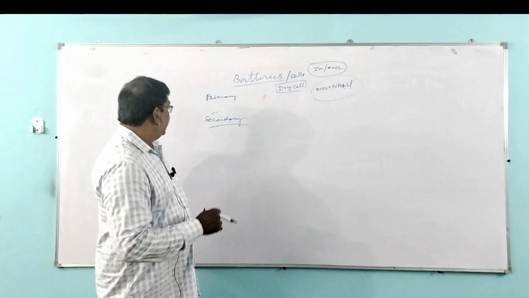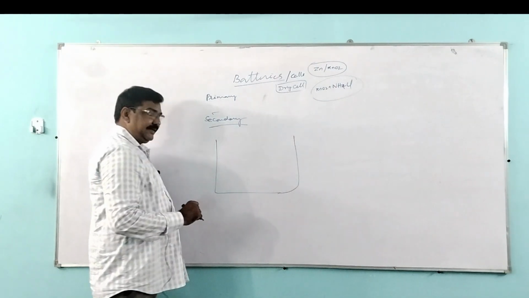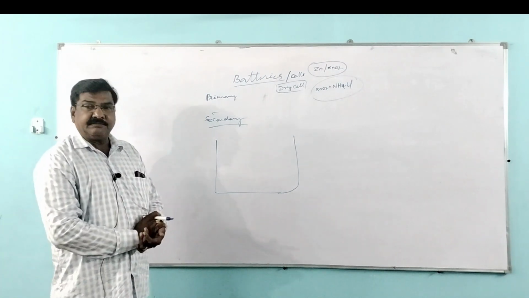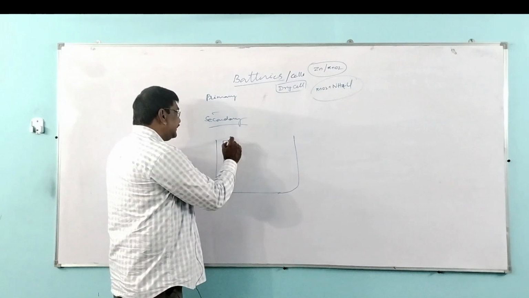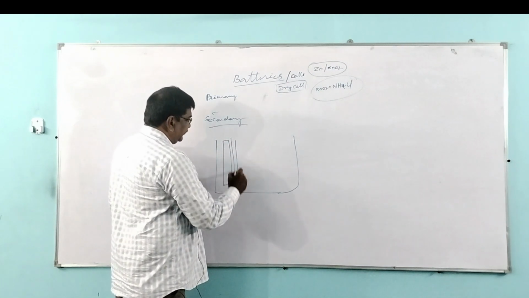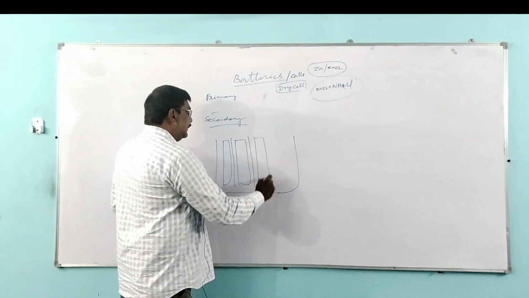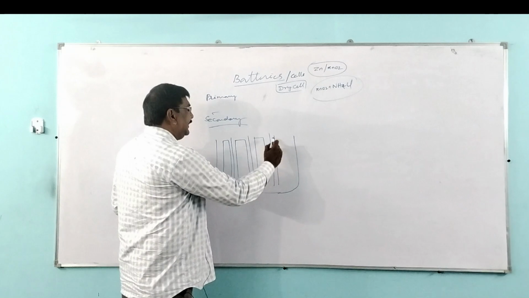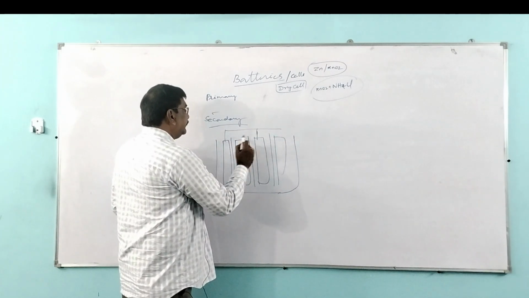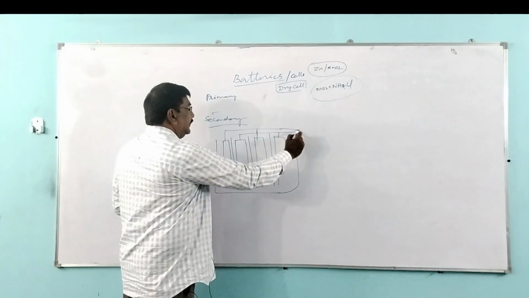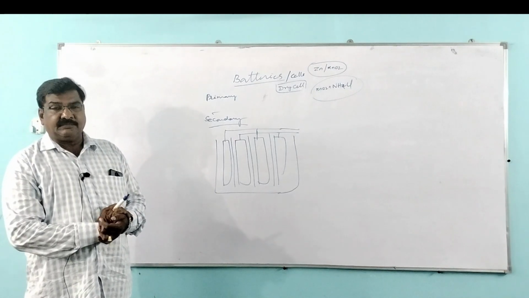The lead accumulator or inverter battery consists of a very big tank made of plastic in which lead plates and lead dioxide plates are alternately arranged, insulated with thermocol. The electrolyte is sulfuric acid.